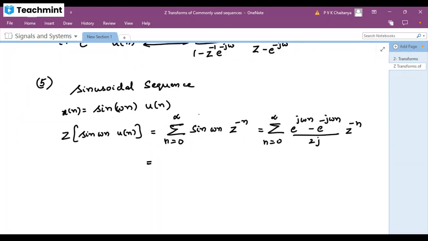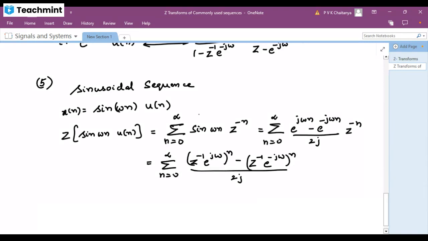As in the previous case, z power minus 1 into e power j omega whole power n minus z power minus 1 into e power minus j omega whole power n, all divided by 2j.